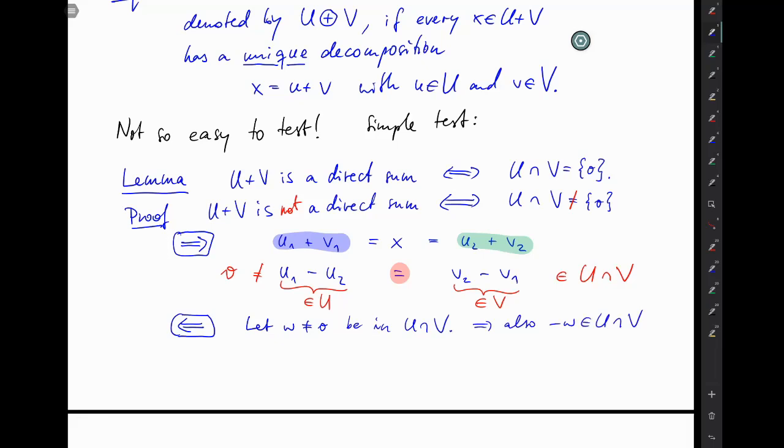But that means that the zero vector can not only be written as 0 plus 0, but also as w plus minus w, which gives you a different decomposition from the first, because w and hence minus w is not the zero vector by our assumption. So indeed, decompositions are not unique, so U plus V is not a direct sum.